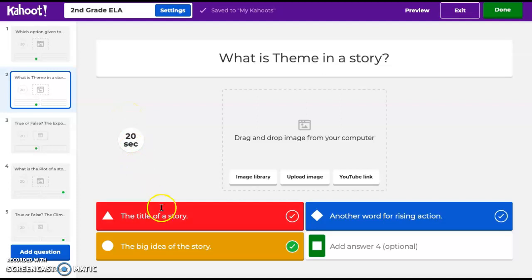Some options I have given are: it could be a title of a story, or it could be another word used to refer to the rising action, or it could be the big idea of the story. This answer is the correct answer, and it has the green check mark again.